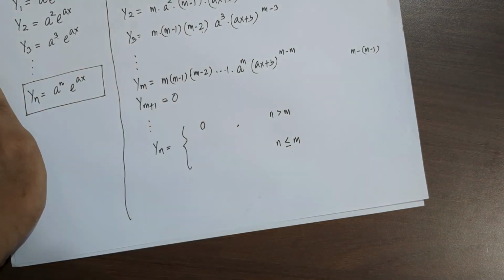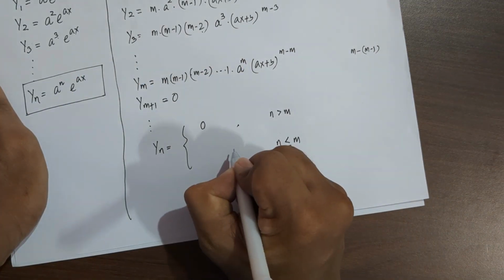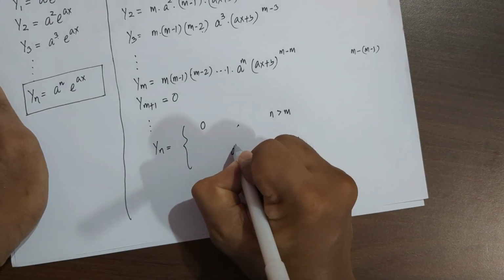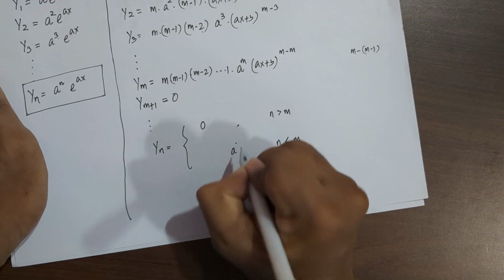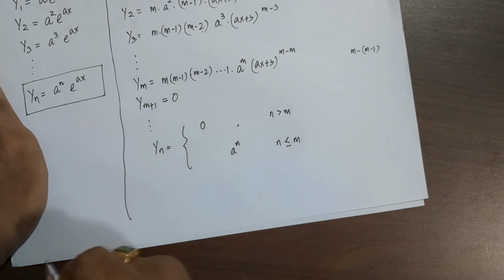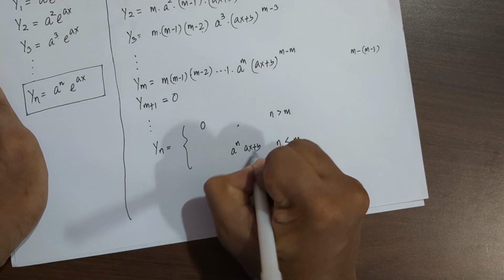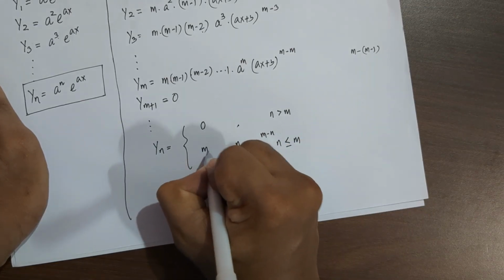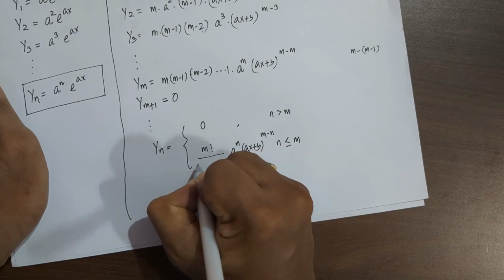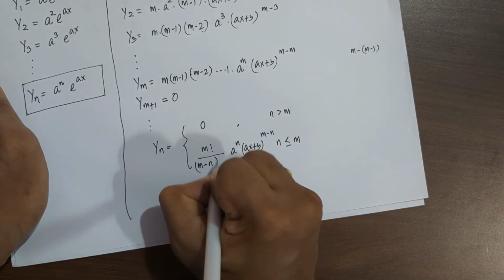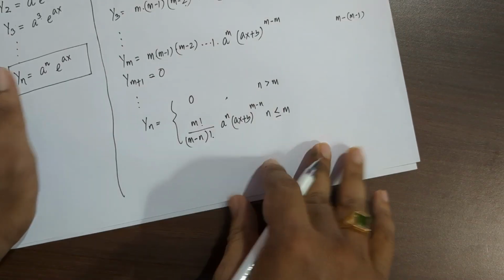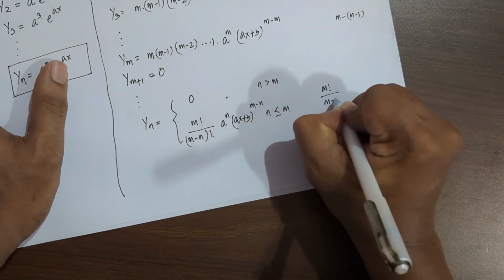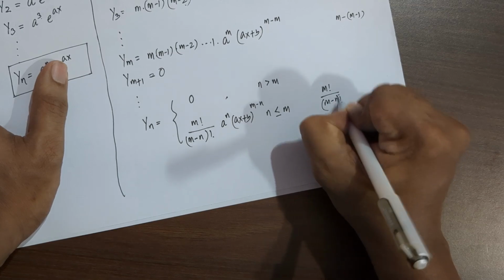And observe, here we are obtaining a to the power n, ax plus b to the power m minus n, and here we will obtain m factorial over m minus n factorial. See, m factorial over m minus n factorial is what?